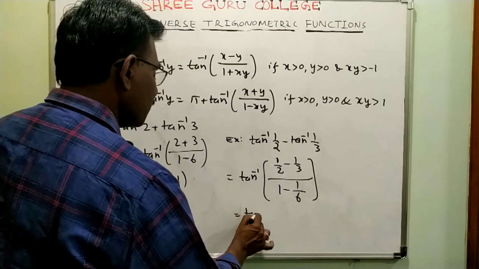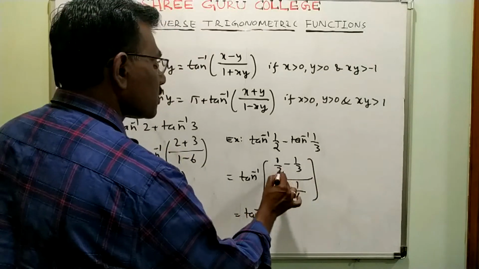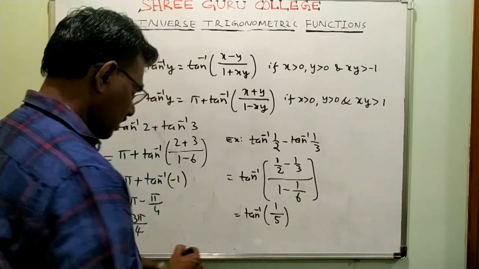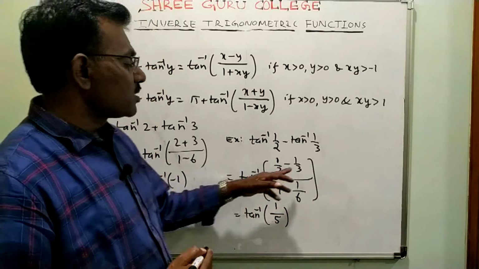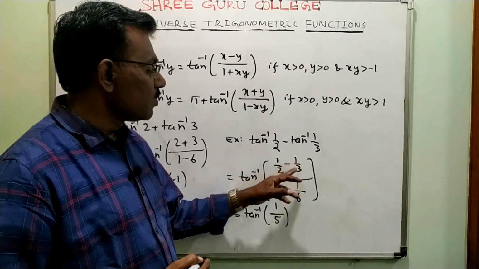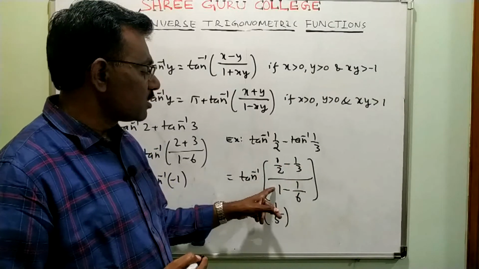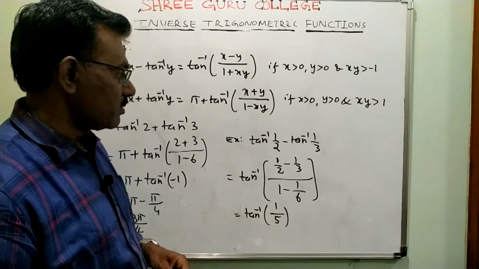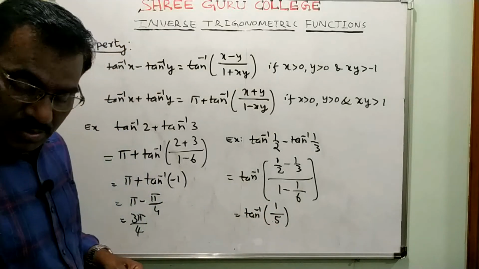The LCM is 6, so 3 minus 2 is 1 by 6, and the denominator is 7 by 6... giving tan inverse of 1 by 5.